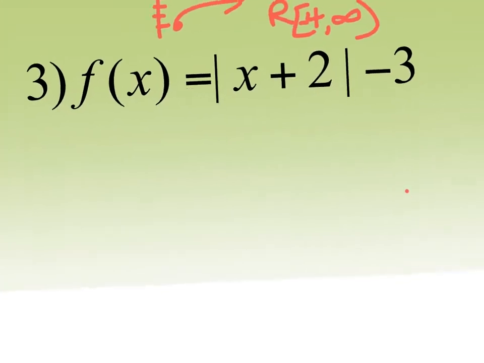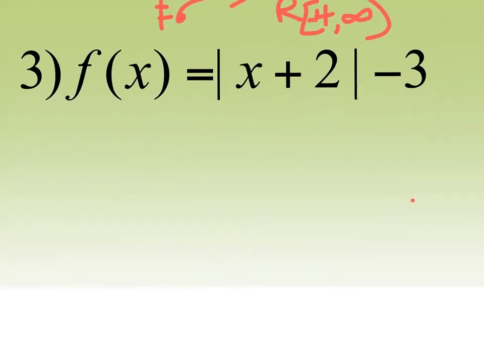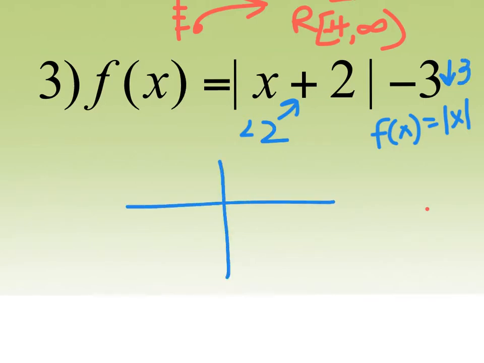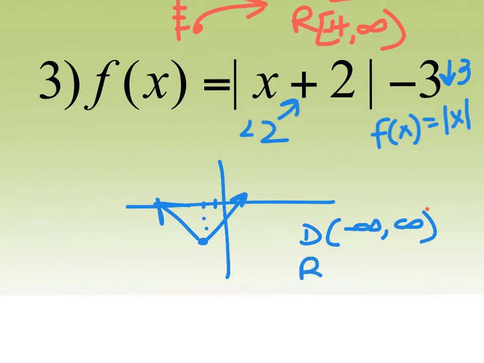Okay, 3. My parent function is? Good. The absolute value of x. This goes left 2. This goes down 3. So I'm going left 2, 1, 2, 3. Put a point. This opens upward. Domain is negative infinity to positive infinity. Range, negative 3 to positive infinity.